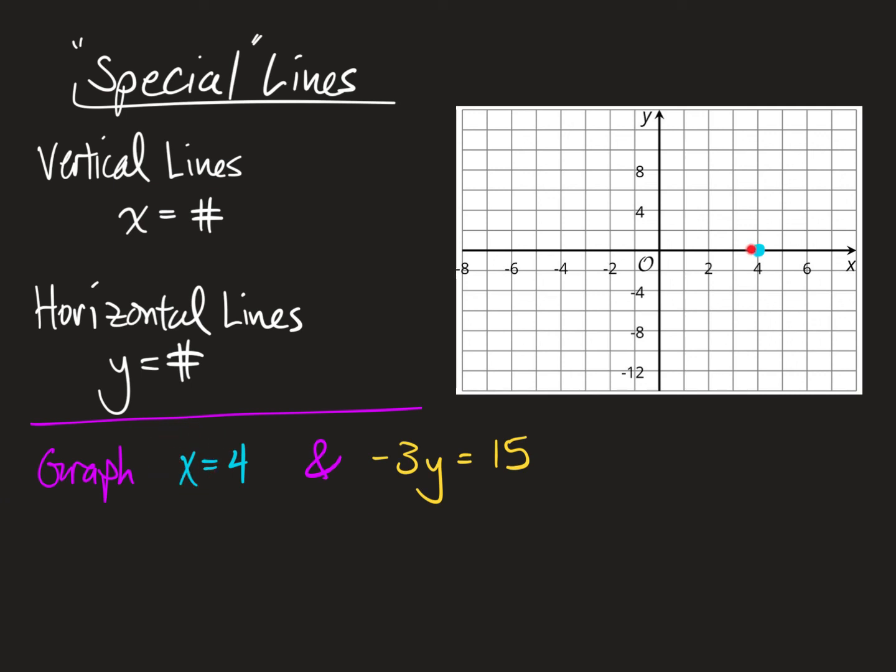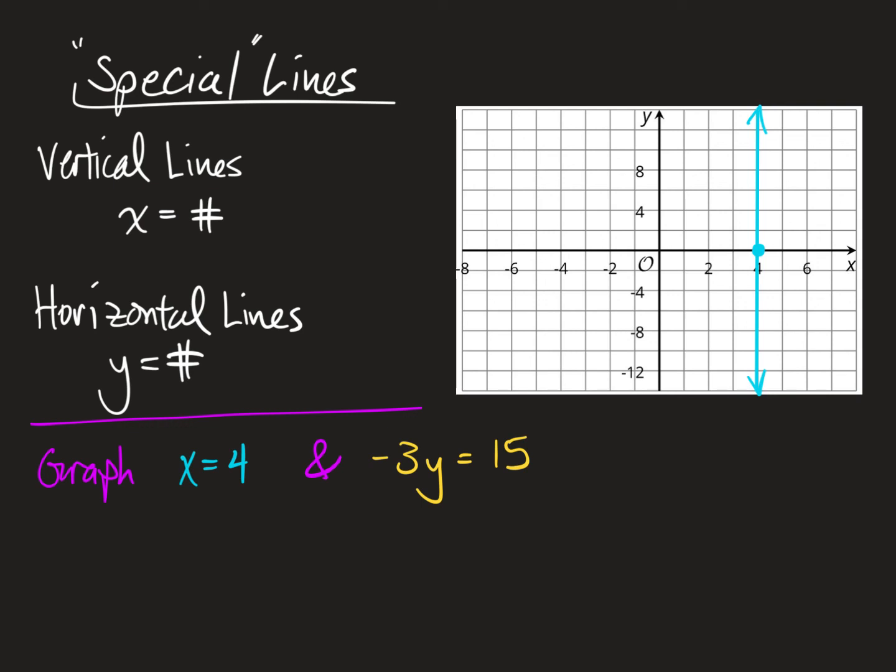So it can't be slanted in any way that it'll cross the y-axis. So the only way we can draw a line through this point so that it will never touch the y-axis is to make sure it's slanted the same way as the y-axis. So it has to be a vertical line just like the y-axis.